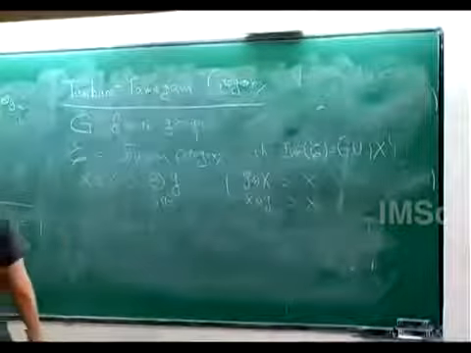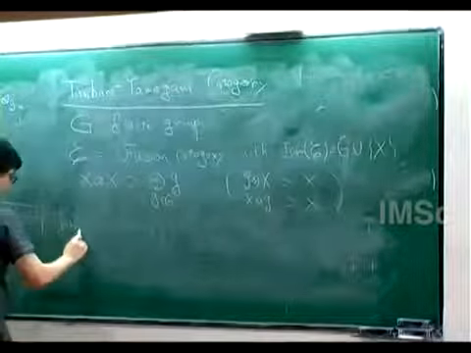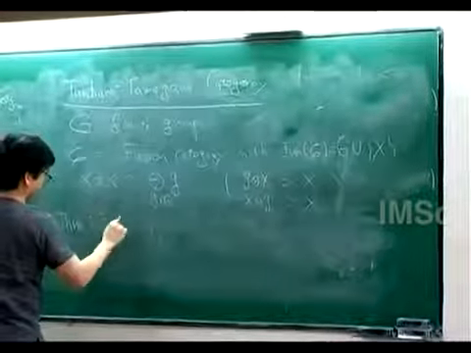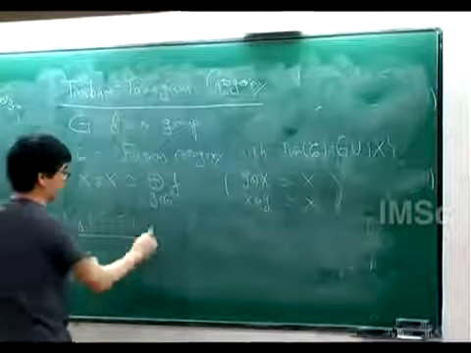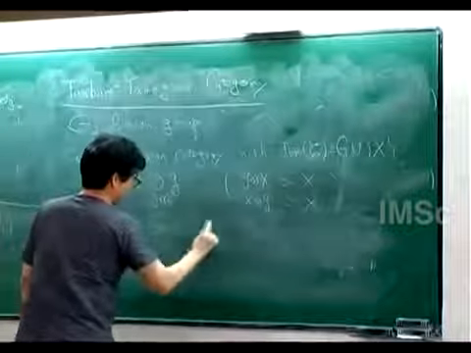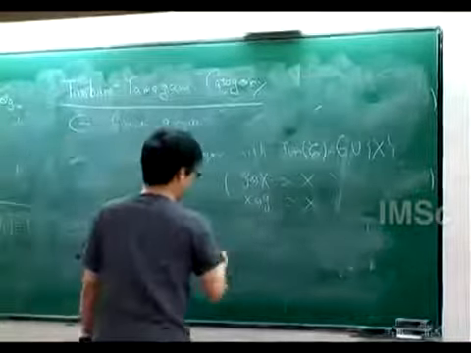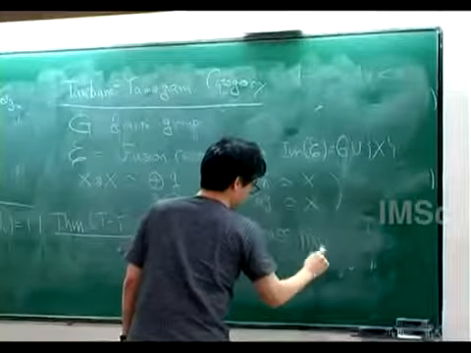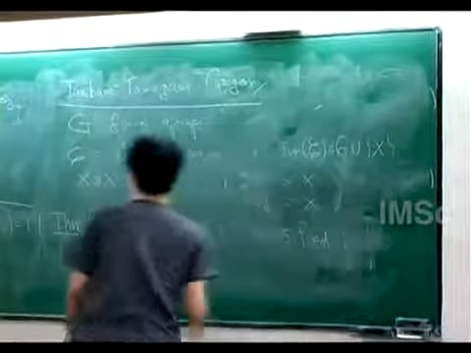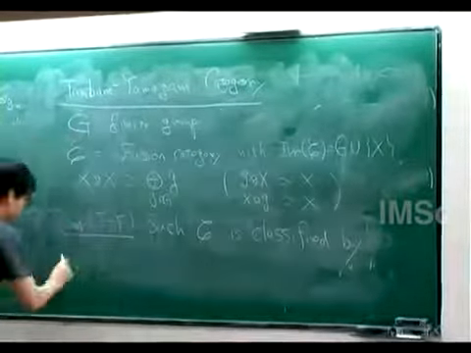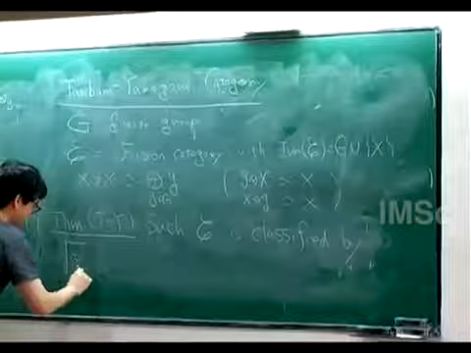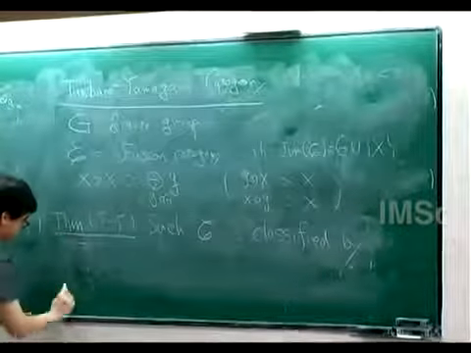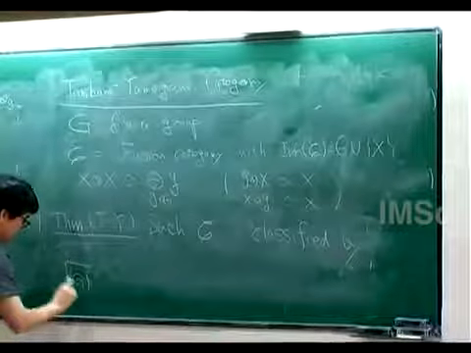Then Tambara and Yamagami showed that such a category C is classified by two numerical data. The first one is just a choice of the square root of the cardinality of this.